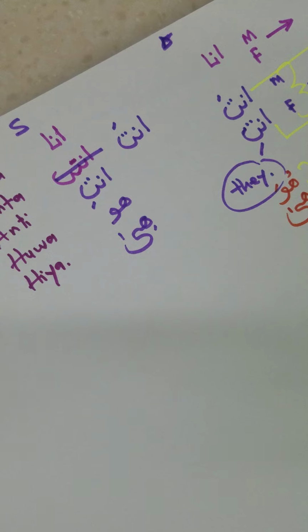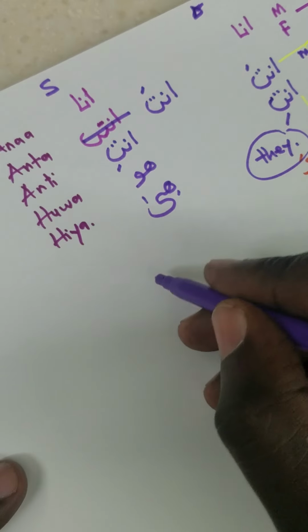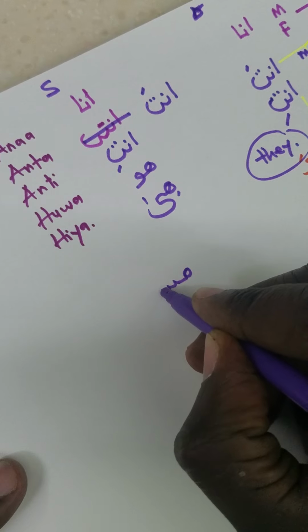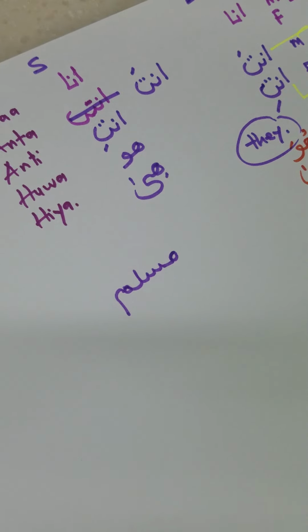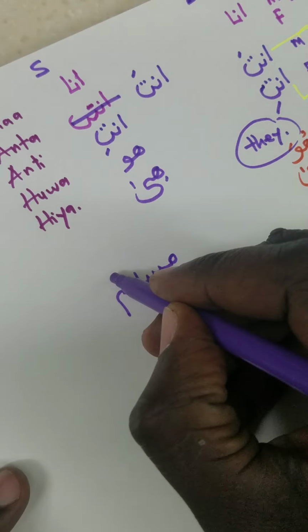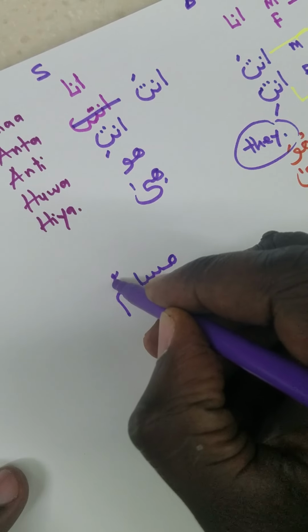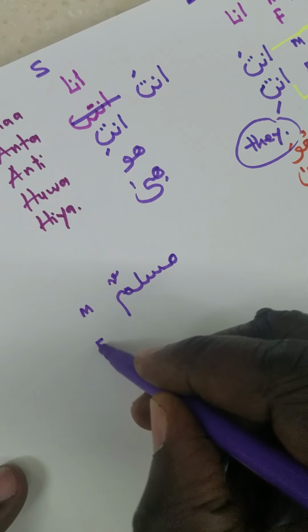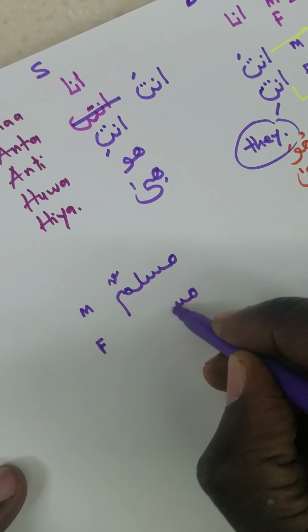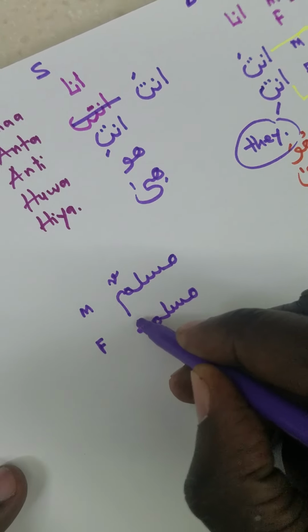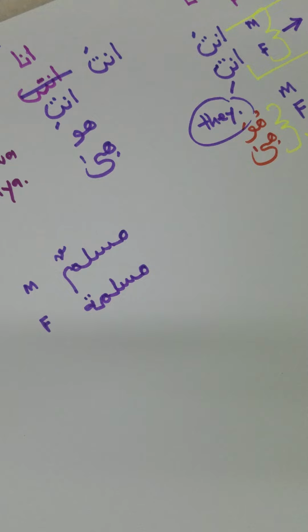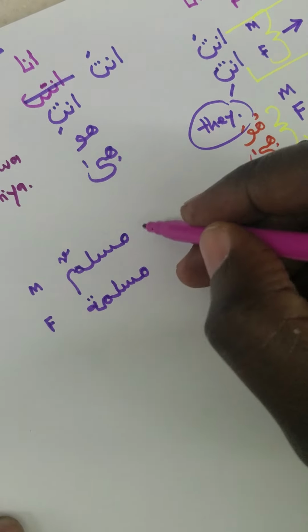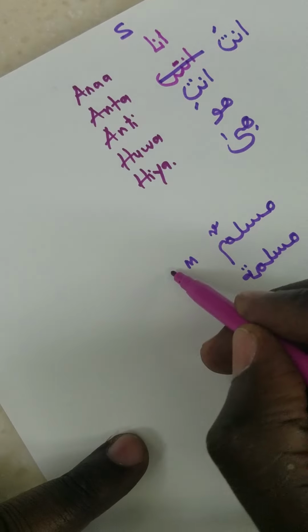Well, if you go back to the Arabic chart, for example, we gave an example of the word Muslim. If it's a man, it's Muslim. If it's a woman, it will be Muslimah.